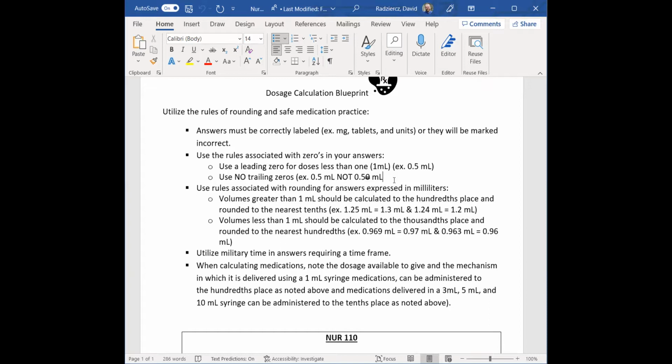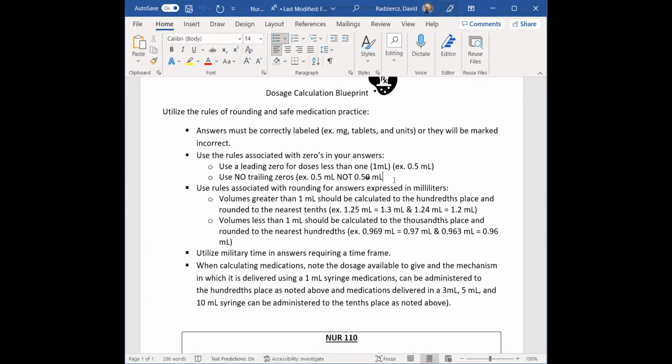I know it might seem silly, but that's one of the reasons. You're trying to follow some rules that will help to eliminate guesswork as far as whether or not you administered the correct amount of medication.